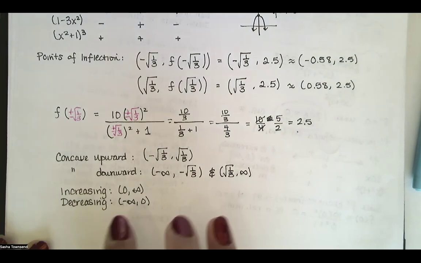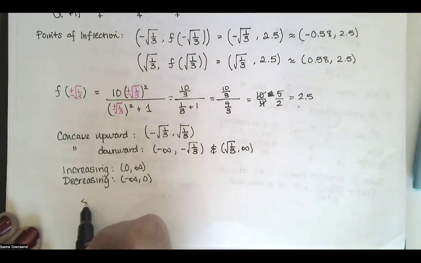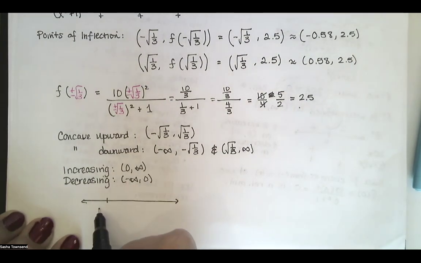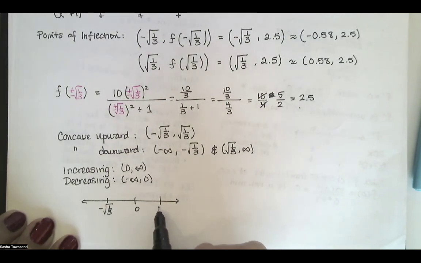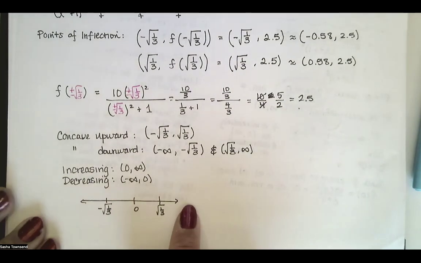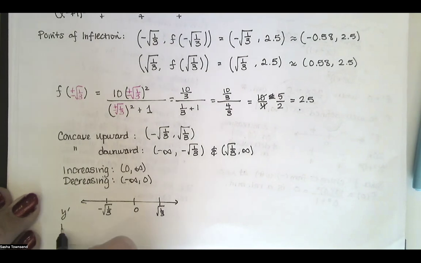So if we wanted to, we could make a number line for the graph of the function, and we could include all of these values: the negative square root of 1/3, the 0, and the positive square root of 1/3. And we could say on these 4 intervals, what are the signs of y prime and y double prime?